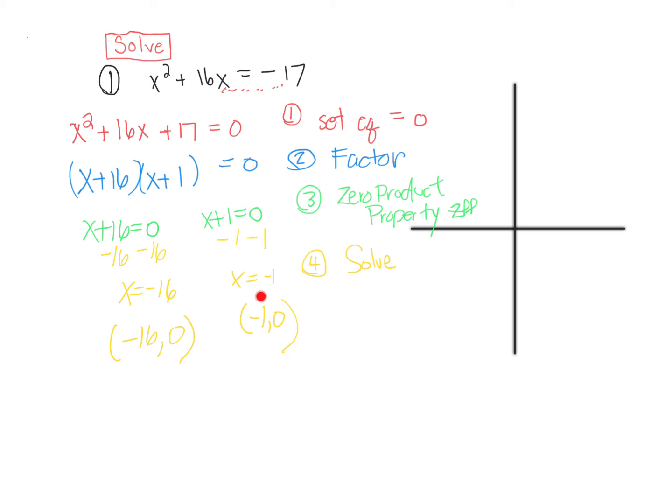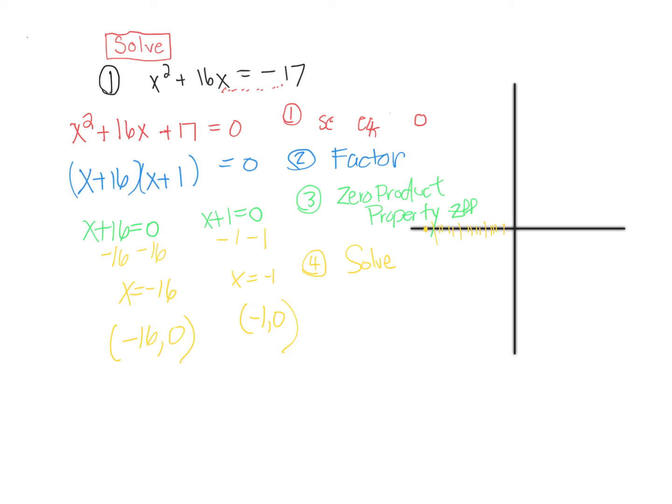And what that now tells us is that at the point negative 16, 0, which would happen to be, this is that idea of sketching, we're not being perfect, negative 16, 1, 2, 3, 4, 5, 6, 7, 8, 9, 10, 11, 12, 13, 14, 15, 16.